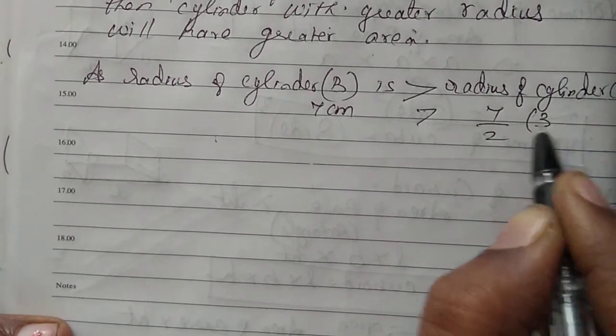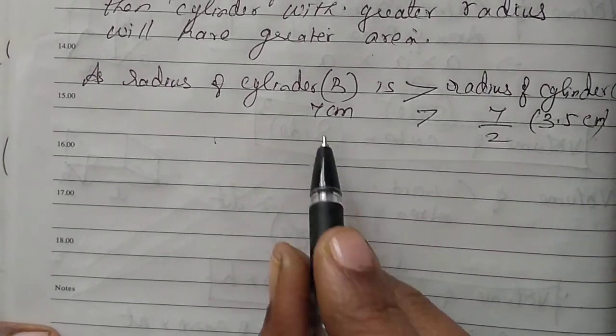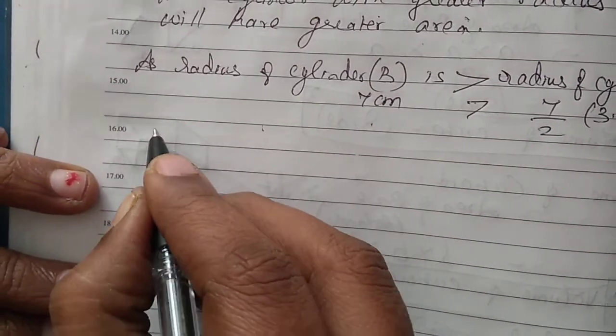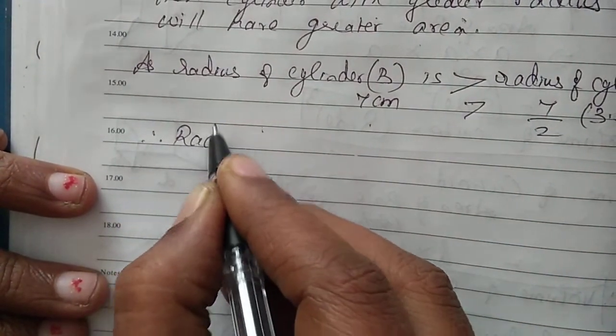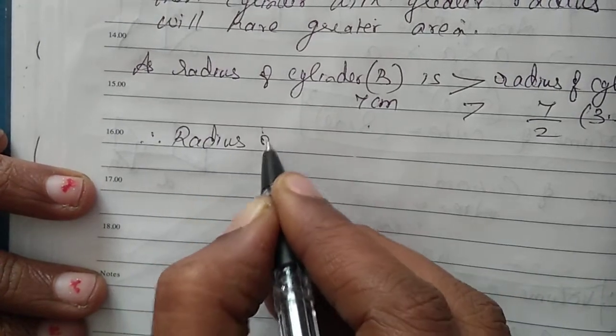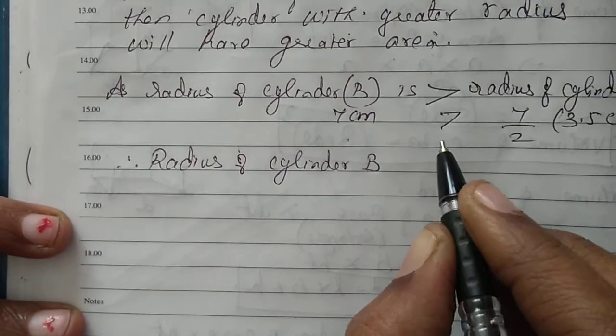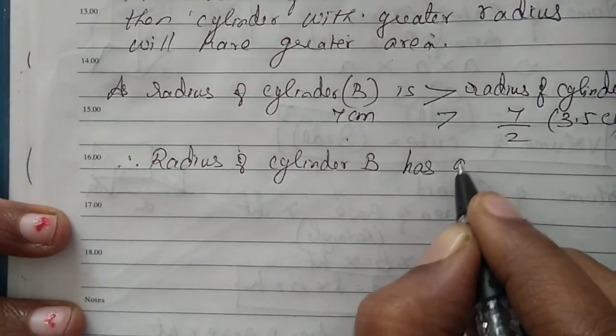Is it not? 7 by 2 is what? 3.5 centimeter. So 7 is greater. So now we say, therefore, cylinder B has greater volume.